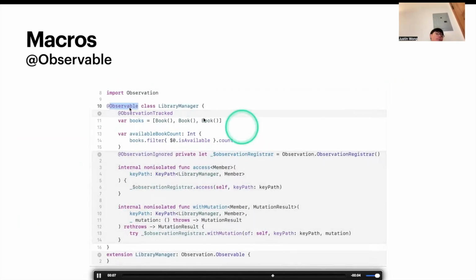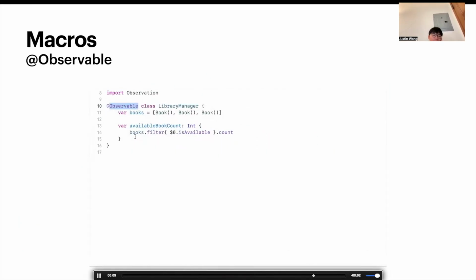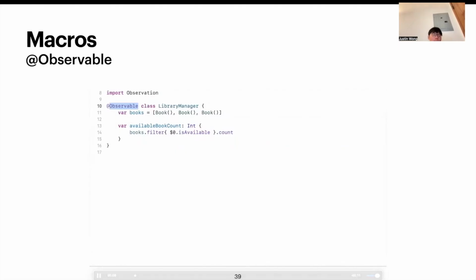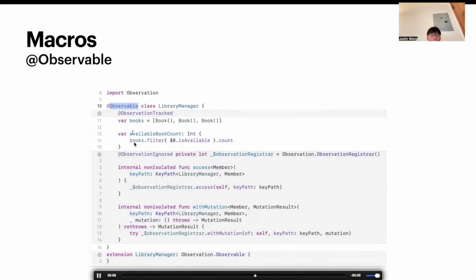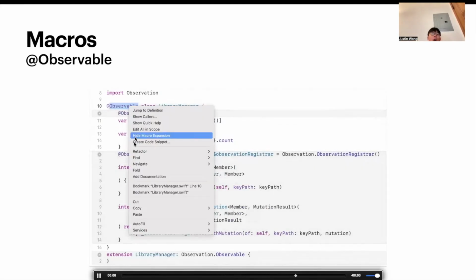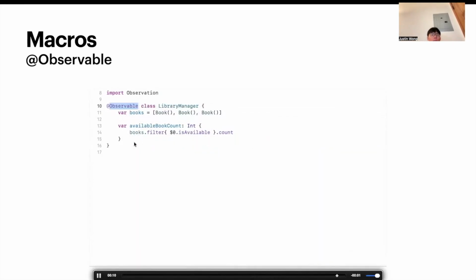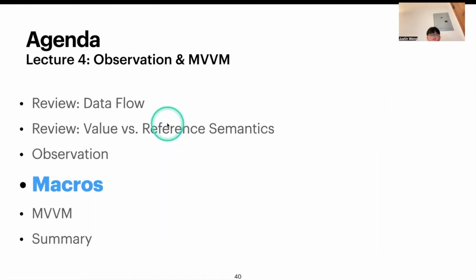Again, this is all Apple code, basically code that Apple wrote that mutates this library manager and creates or adds observability. And it's so simple. For us, we just simply do add observable and that's it. All right, so that's macros.